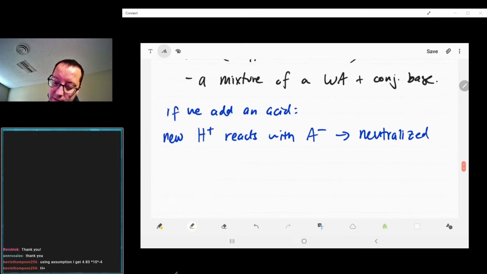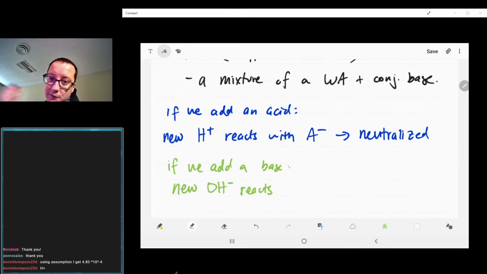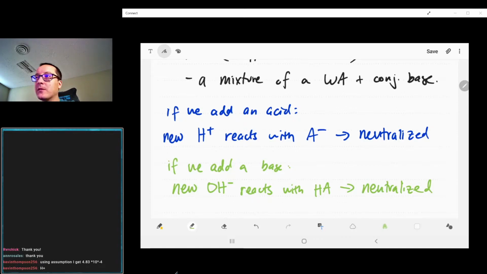And conversely, if we add a base, the new hydroxide formed, or equivalent base thereof, would react with the weak acid, which will completely neutralize that added base.